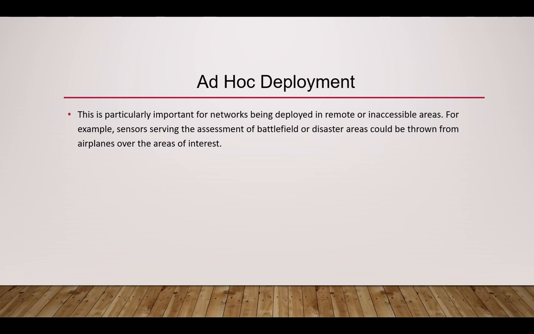Ad hoc deployment. This is particularly important for networks being deployed in a remote or inaccessible area. For example, sensors serving the assessment of a battlefield or disaster area could be thrown from an airplane over the area of interest, as you see in the preceding diagram, but many sensor nodes may not survive such a drop and may never be able to begin their sensing activities.